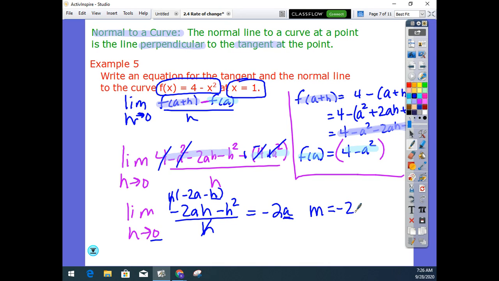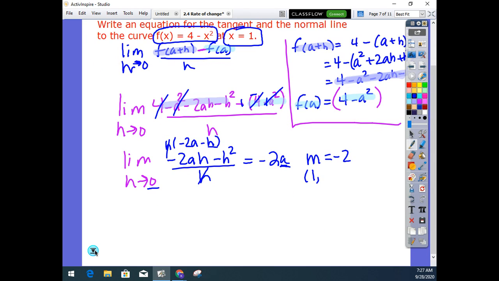Now we need the slope, or the point. When x is 1, what's the y value? 4 minus 1 squared is 3. All right, so our tangent is y minus the y coordinate equals the slope times x minus the x.